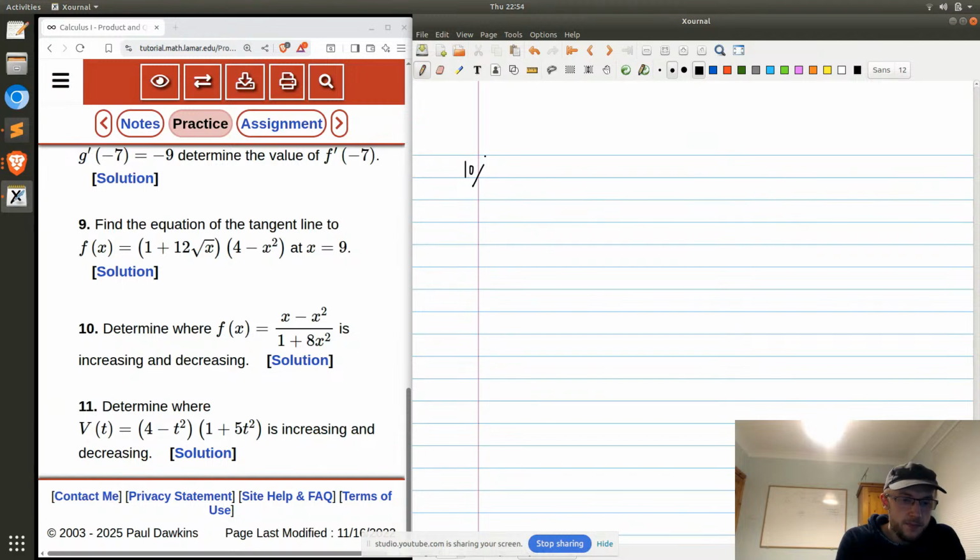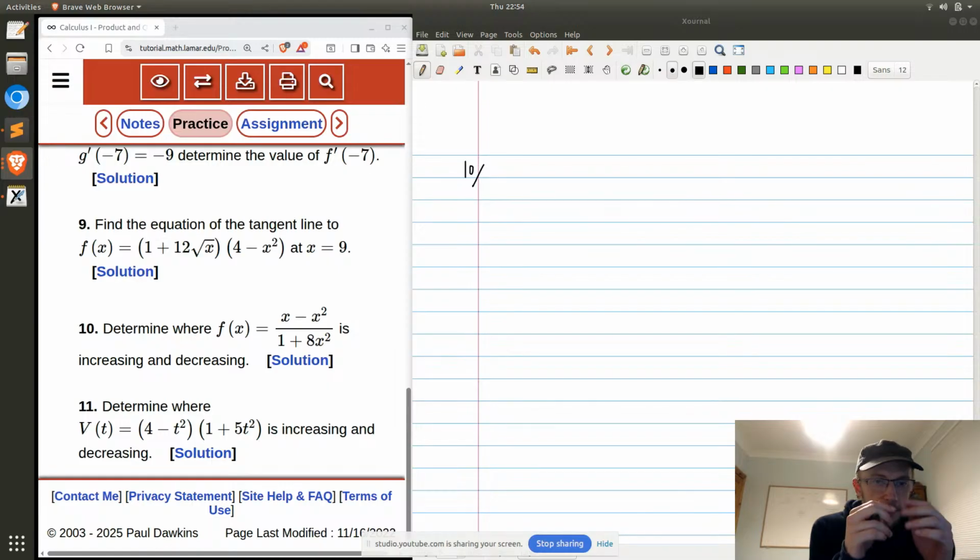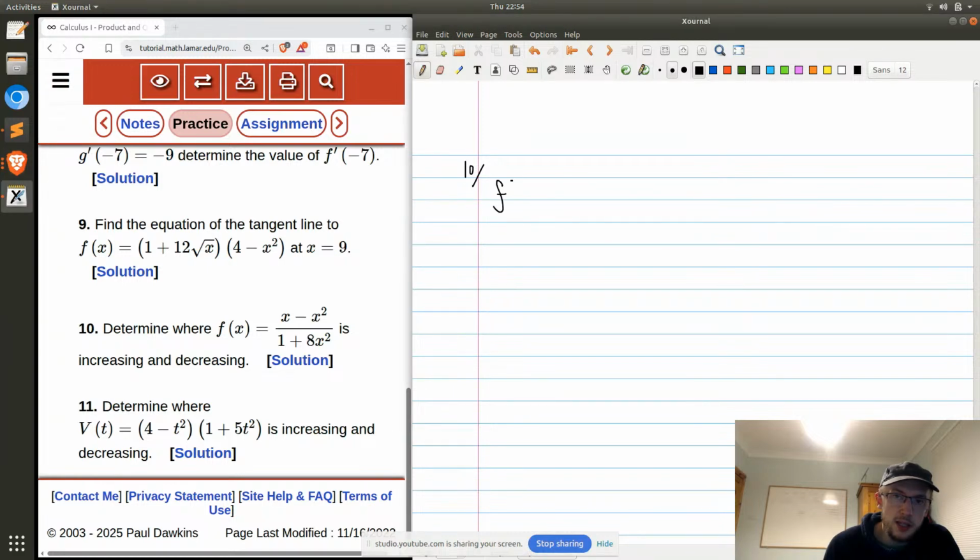Tenth problem. Determine where f of x, which is a rational function, is increasing or decreasing. So, of course, we must take the derivative. We must find the derivative. Oh, goodness me, I feel that this is going to be horrendous. Proceed.